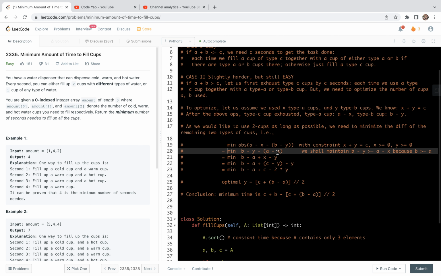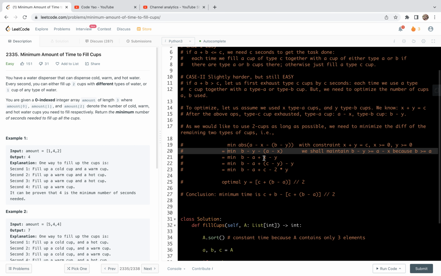Because after we sort, B is greater than or equal to A, we should first exhaust type A. So we can assume without loss of generality that B minus Y is no less than A minus X. So this absolute value will be (B minus Y) minus (A minus X), right?